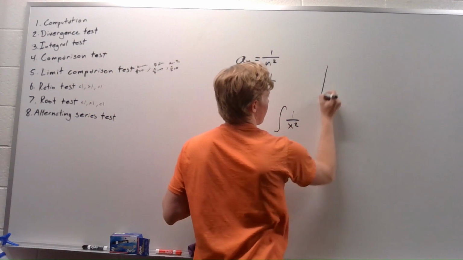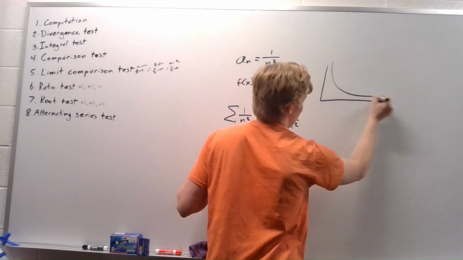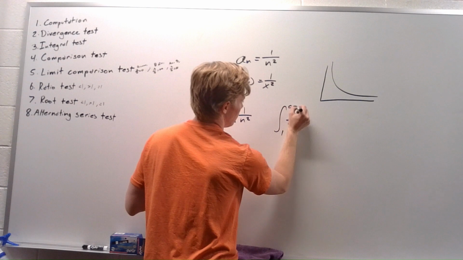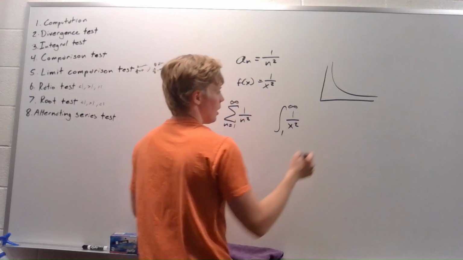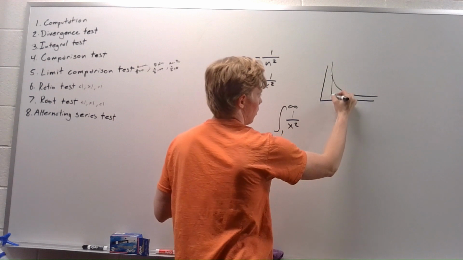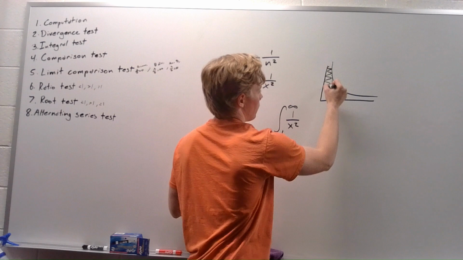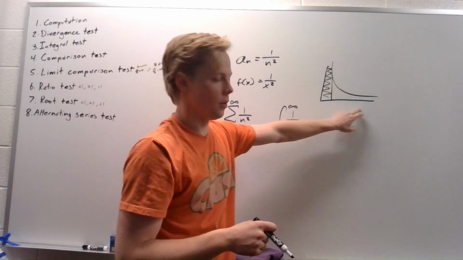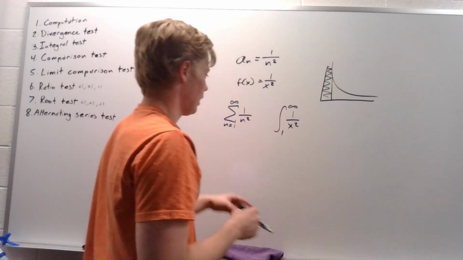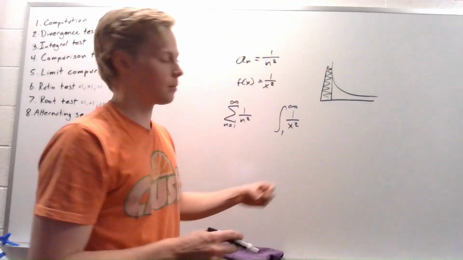So the graph of 1 over x squared from 1 to infinity, and from n equals 1 to infinity, you're going to add up all the area, not including over here, from x equals 1 to infinity. And let's assume we already know this converges, because it does.